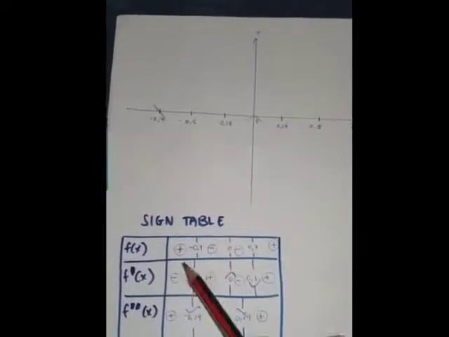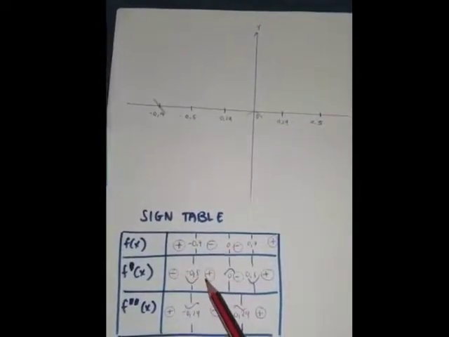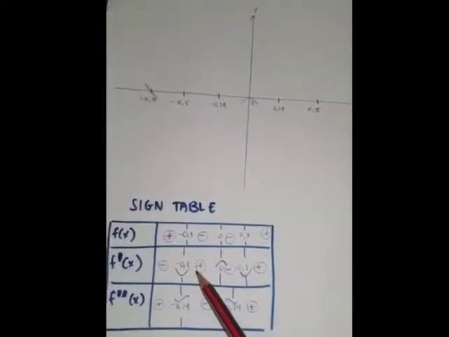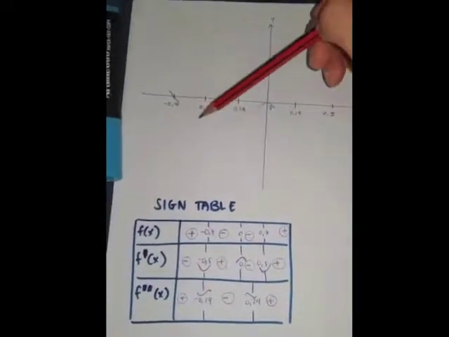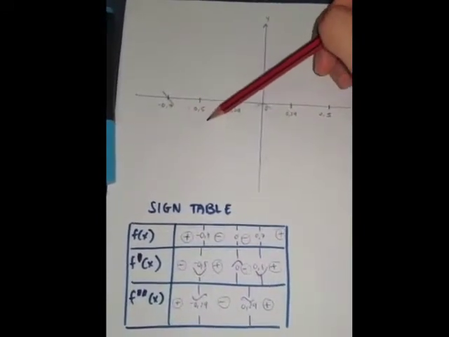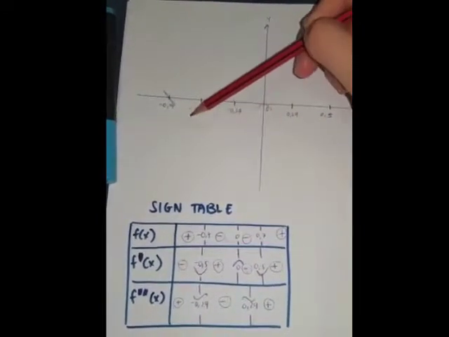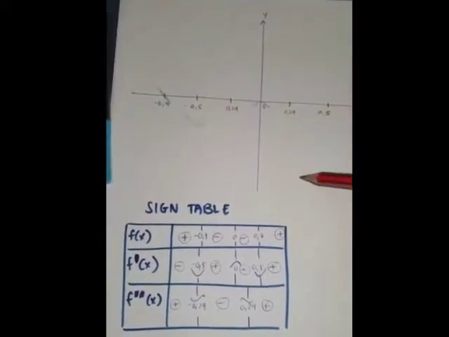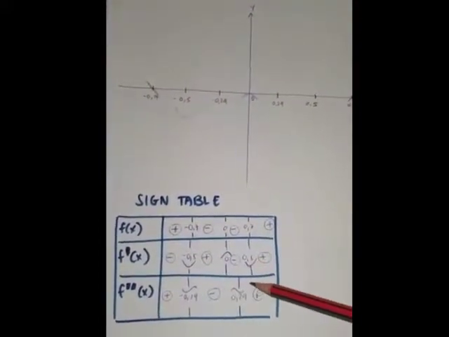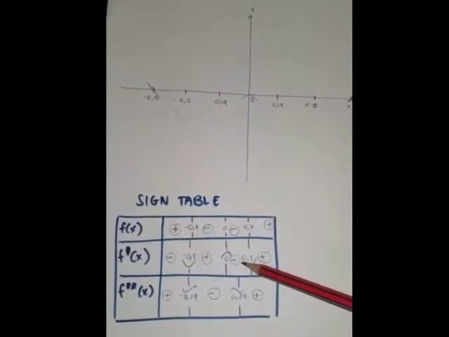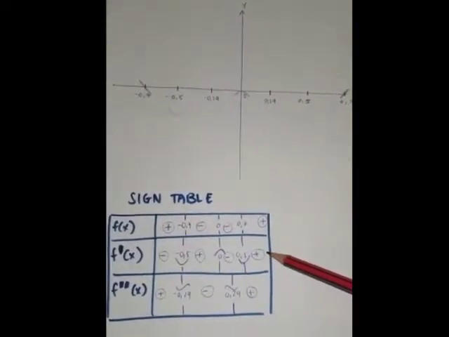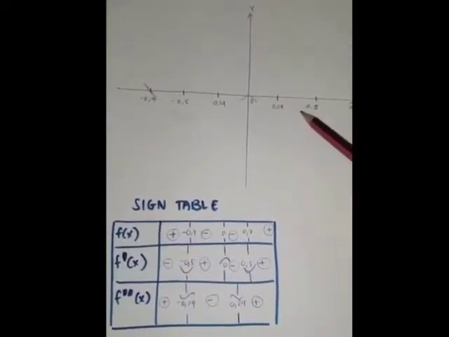At negative 0.5, the graph has a negative gradient and it's becoming a positive gradient, so we should have something that looks like this. We've got the same thing happening at 0.5, where the graph has a negative gradient and it's becoming positive, so it should also look something like this.